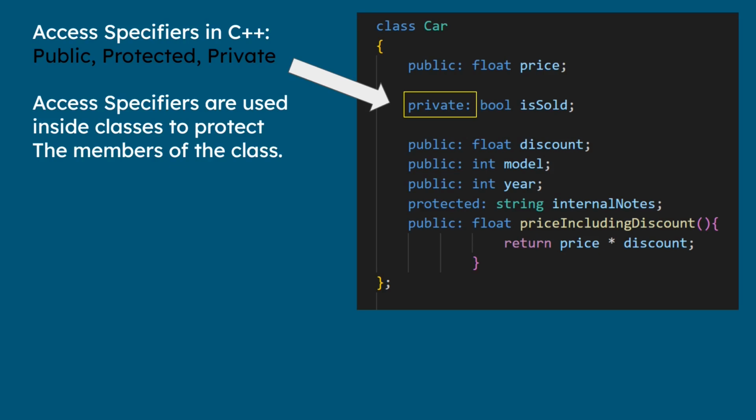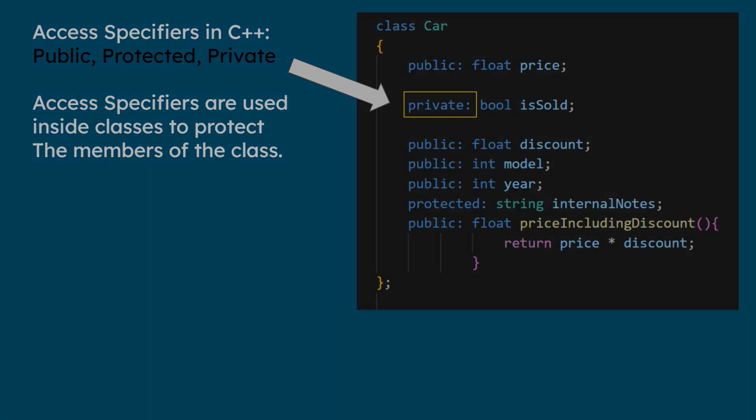They are used to protect the members of the class. You can apply abstraction, encapsulation, and so on to your class. So you have all these functionalities in object-oriented programming. Let us jump to the code and see examples of classes and objects.